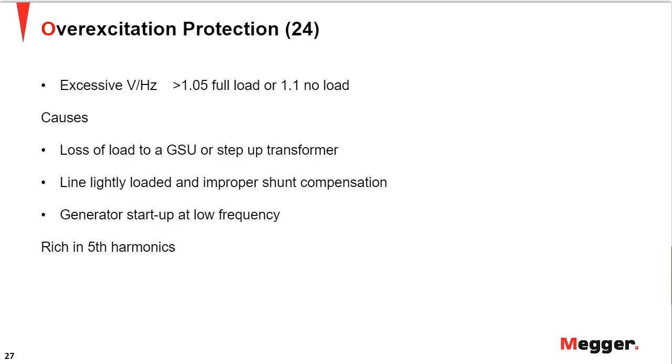And research has shown that during this particular condition, the signals would have a high amount of fifth harmonics. Okay, so the volts per hertz indicates the flux, the overexcitation condition. If it's greater than, let's say, 1.05 at full load, or 1.1 times at no load, then you can say there is an overexcitation condition going on, right?